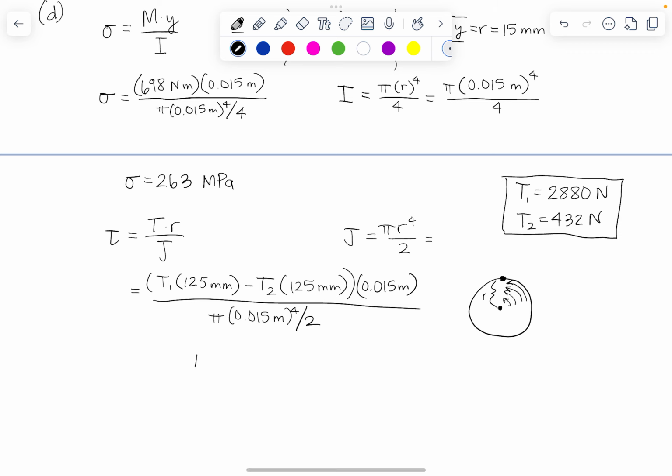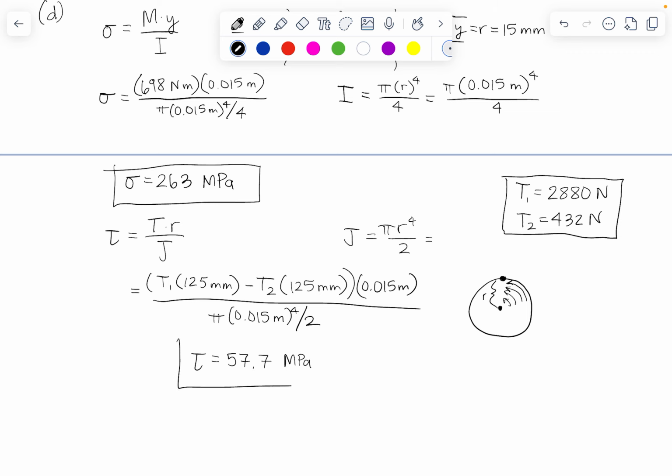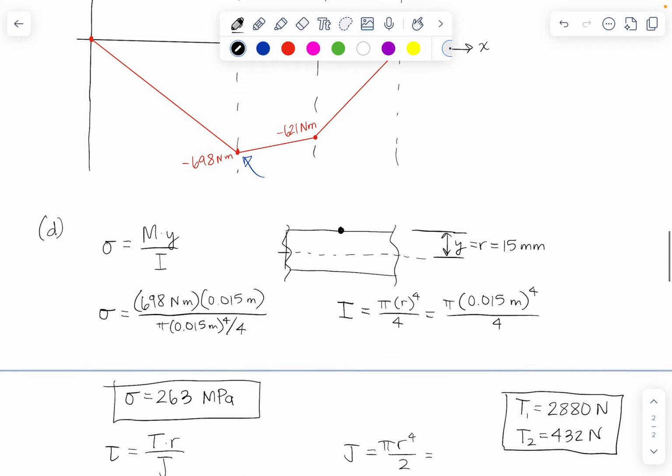All right, I got a value of 57.7 megapascals. So I divided my final answer by 10 to the 6, and that gave me my answer in megapascals. Okay, so here's our bending stress and our shear stress at the point of maximum moment in our beam.